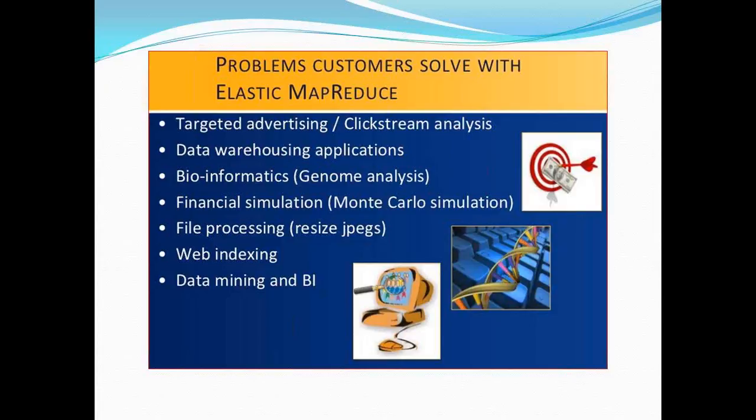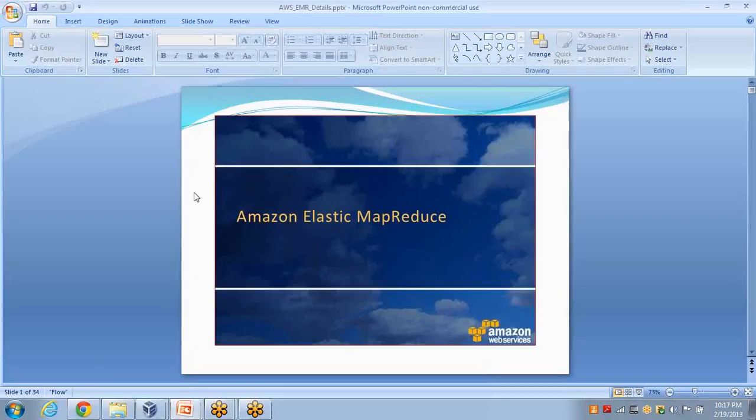All you need is the data and the logic. You don't have to go through the pain of configuring all of that on your own. So that's something Elastic MapReduce can help you out with. This is where we close our topic on the Amazon Elastic MapReduce offering.